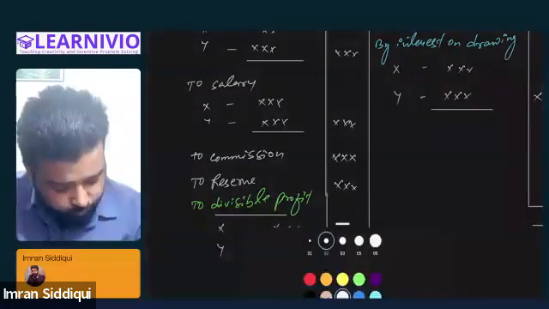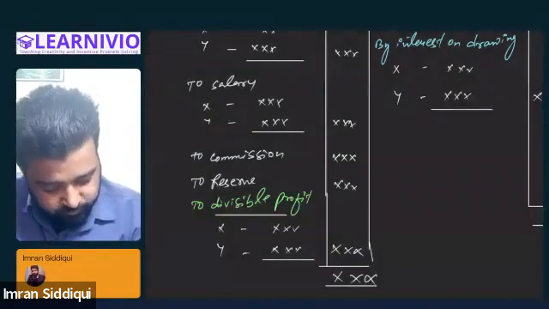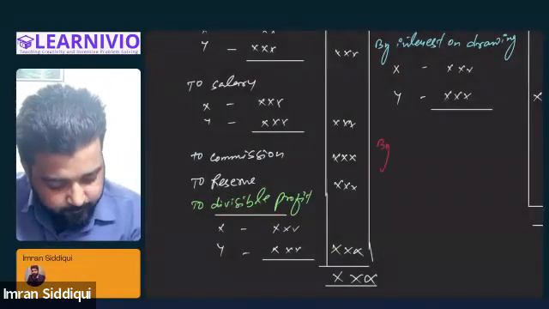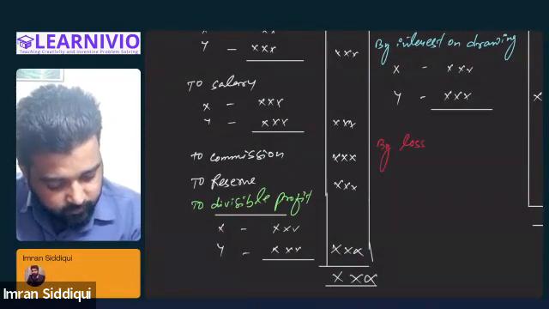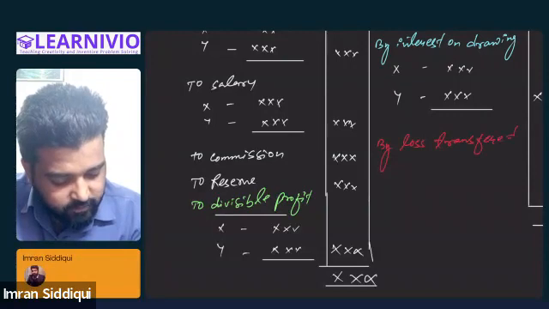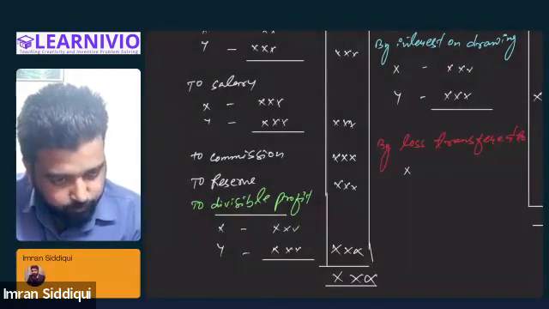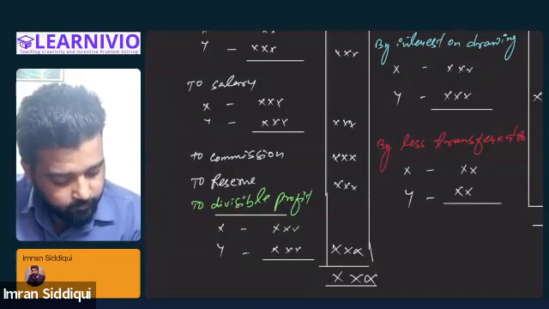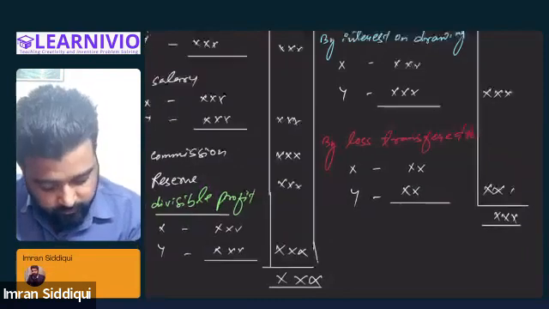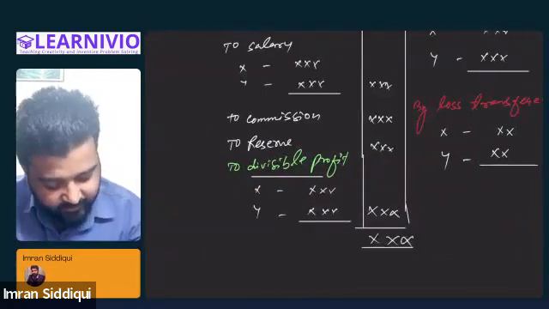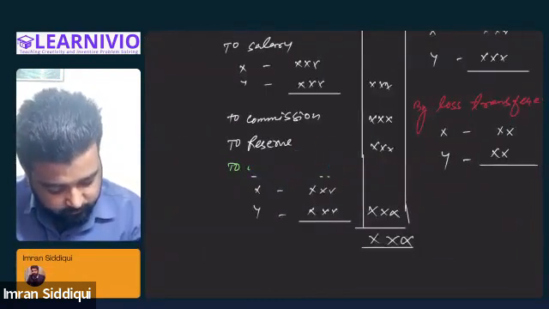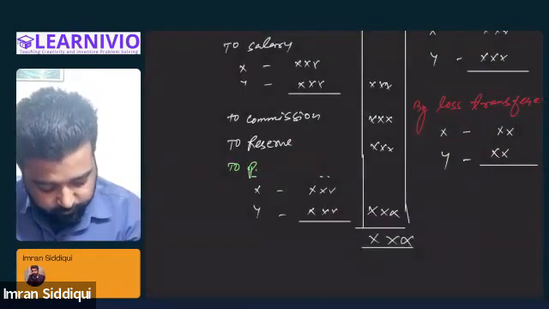So this will give you a situation of loss, and that will be written as by loss transferred to partners. That loss will be transferred to partners depending upon their profit sharing ratio. Got it? And if the credit side is higher, then the profit will be transferred among the partners. So that will be written as profit transferred to.